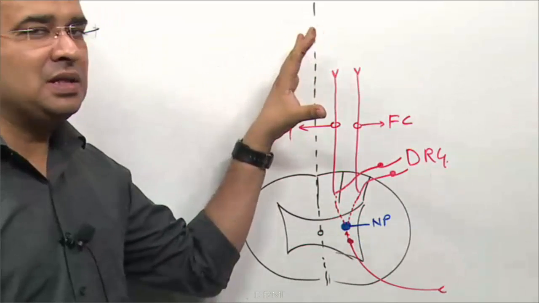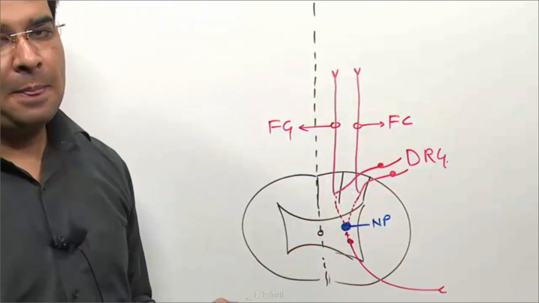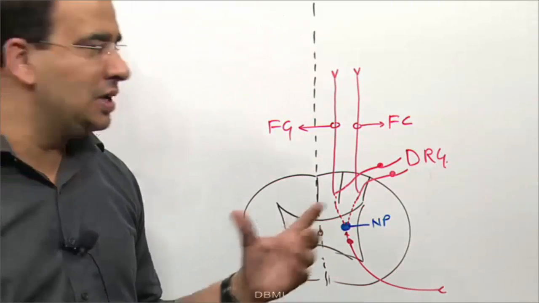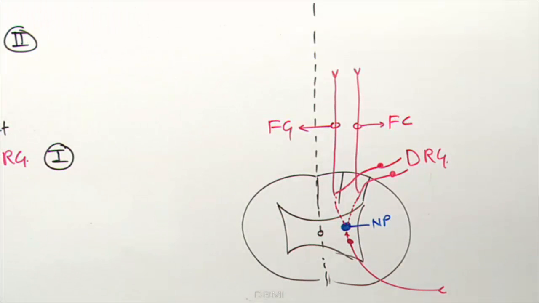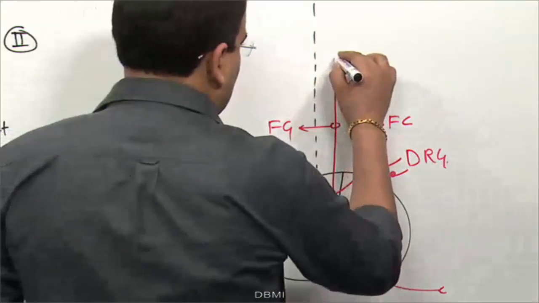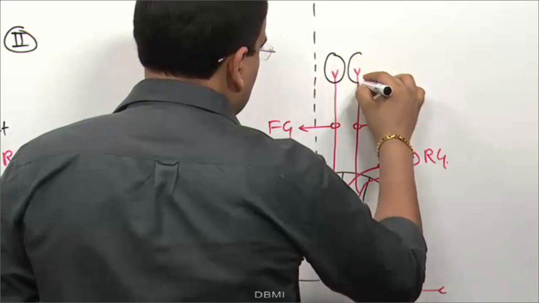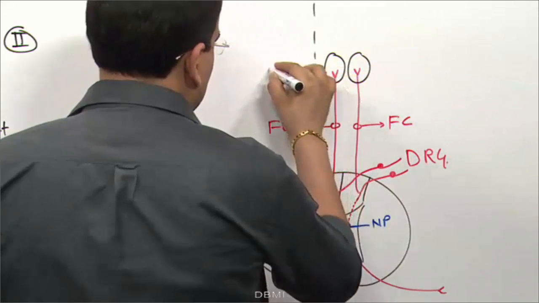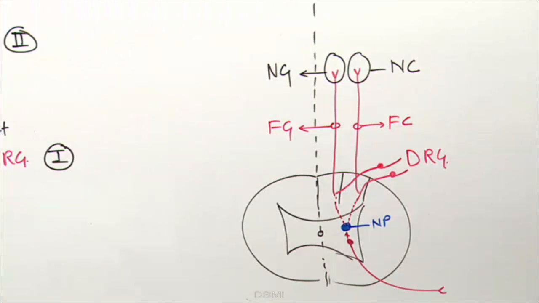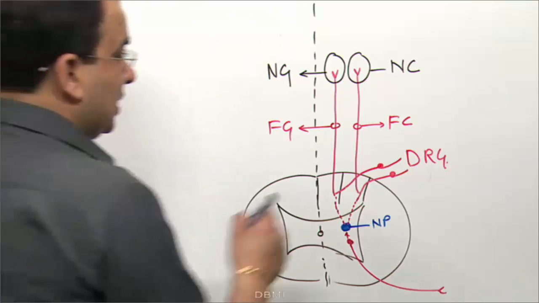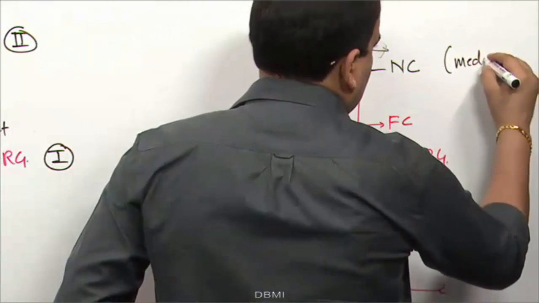So they will relay in the brainstem in the medulla oblongata, and those nucleus are called as nucleus gracilis and nucleus cuneatus, I'm sorry. So let's say this is the nucleus gracilis and nucleus cuneatus. And they are present in medulla oblongata, they are present in the medulla.